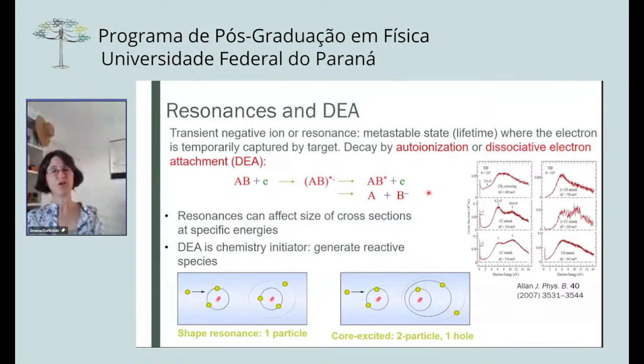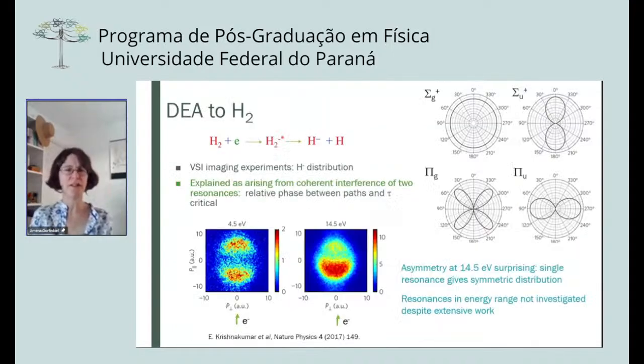The picture on the right shows experiments on vibrational excitation, and what you can see for certain specific angles is that where there are peaks, these correspond to resonances. Dissociative electron attachment for H2 is a process that had been studied back in the 70s, but a few years ago, colleagues in India did some experiments called velocity slice imaging experiments.